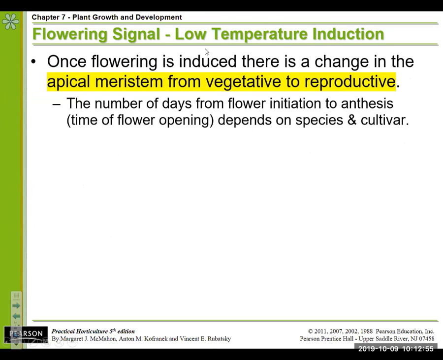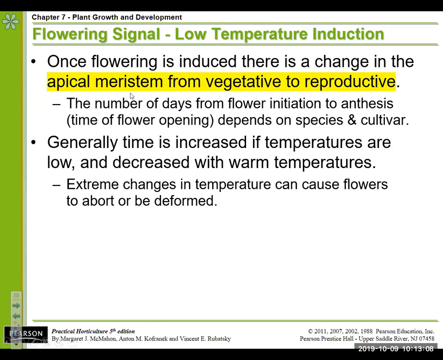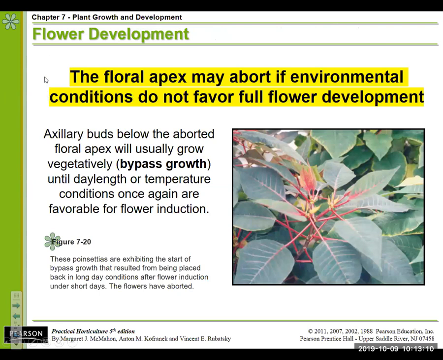And once flowering is induced, there's a change in the apical meristem to shift from vegetative to reproductive, and from mitosis to meiosis. Another important thing to look at is if we don't have the proper temperature environmental conditions to allow for floral development, the plant might actually abort the flowers.